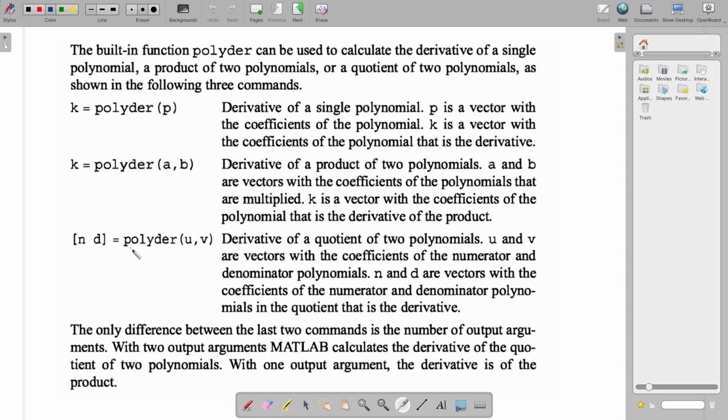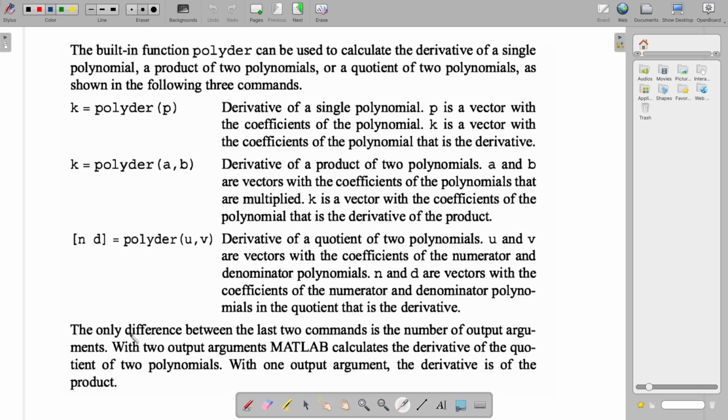And to get the differentiation of a quotient of two polynomials using the quotient rule, you use this one, but you give the output as the numerator and the denominator here. So this n and d, the first one is the numerator and the second one is the denominator. Of course you can use different letters, but the first output is the numerator of the resulting fraction, and the second is the denominator.